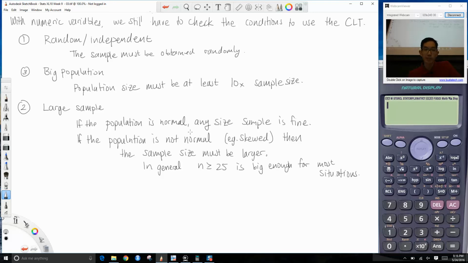Okay. But as far as the conditions go, they're the same. Random independent, large sample, big population. And random independent and big population, those you check the same way as before. The only change is now for large sample condition when you've got a numeric variable, either the population has to be normal or your sample size should be larger, like 25 or more.